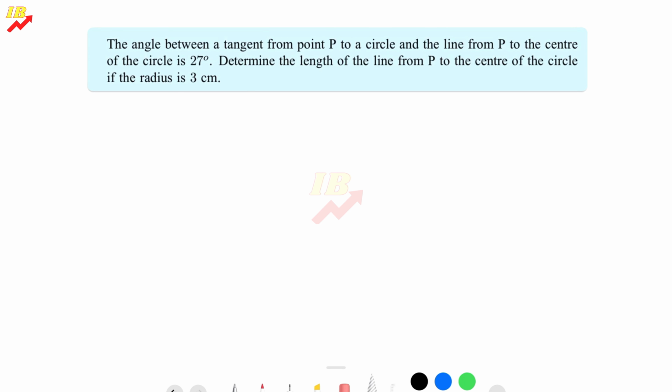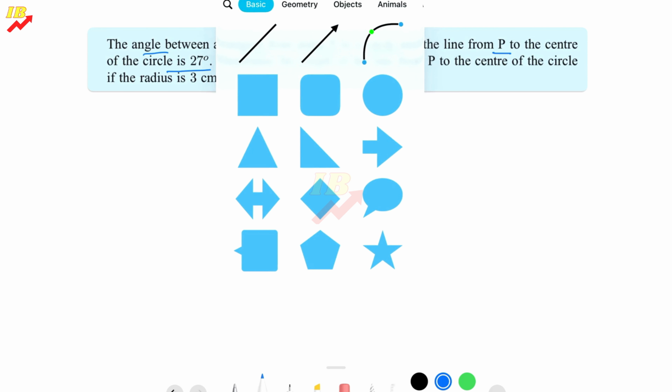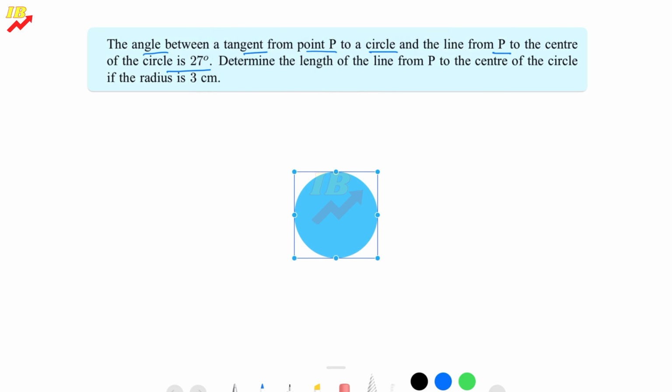This is a very good question and a good example to understand trigonometry in a better way. So let's read it. The angle between the tangent from a point P to a circle and the line from P to the center of the circle is 27 degrees. This is not going to be a very difficult one to understand. Just have a little understanding.